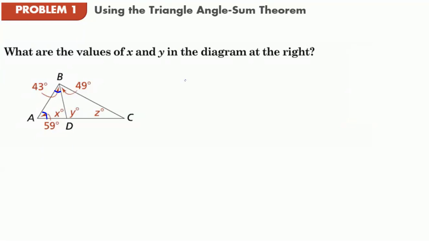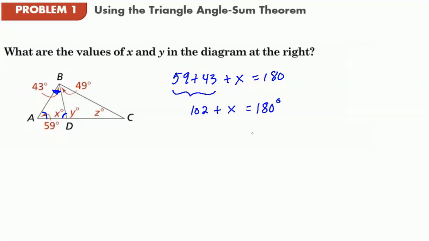So we're going to go ahead and state that 59 degrees, which is angle A, plus this angle ABD, which is the 43 degrees, this one right here, plus angle x, which is what we're trying to solve here, is going to equal 180 degrees. So we add 59 plus 43, which is going to give us 102, plus x is going to equal 180 degrees.